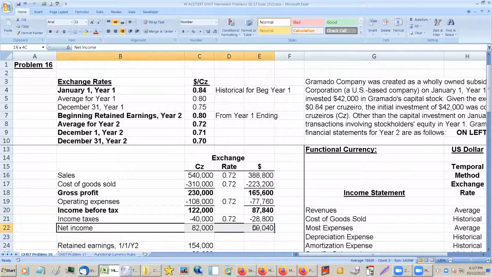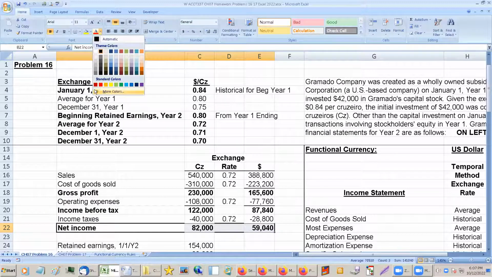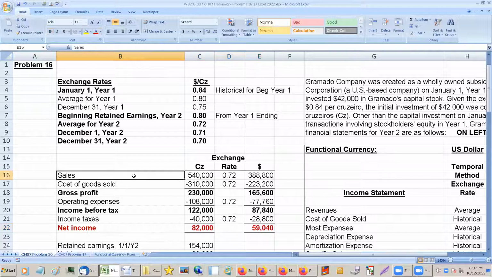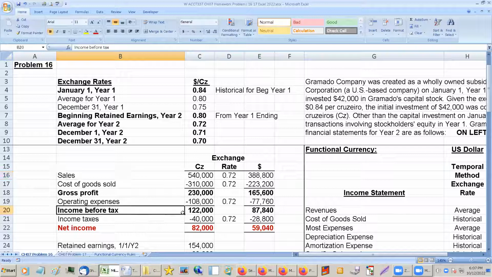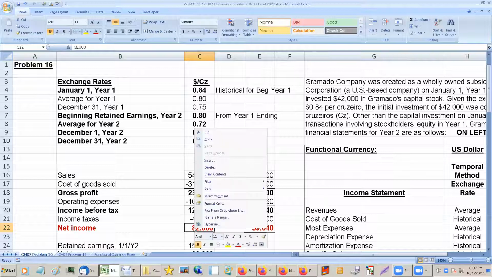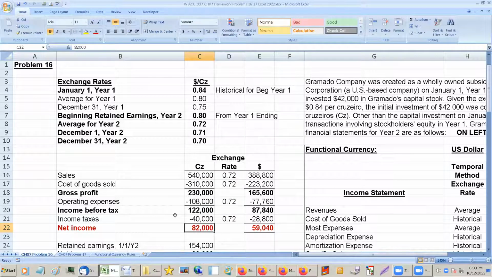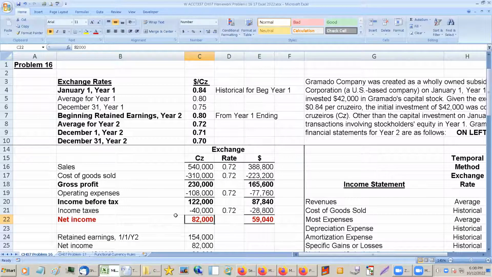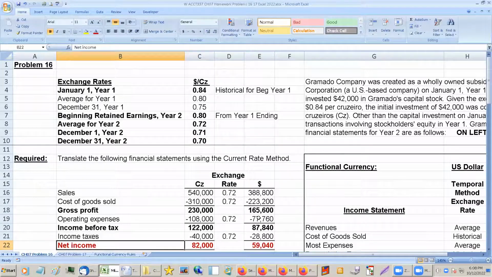So this will be our net income. Okay, so this is.